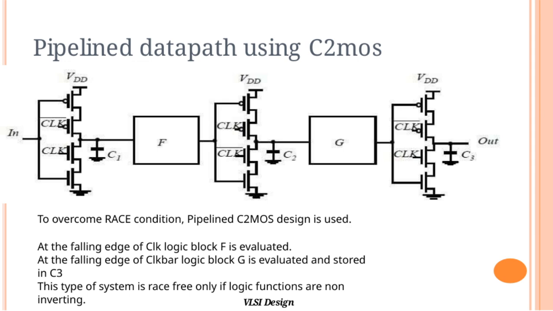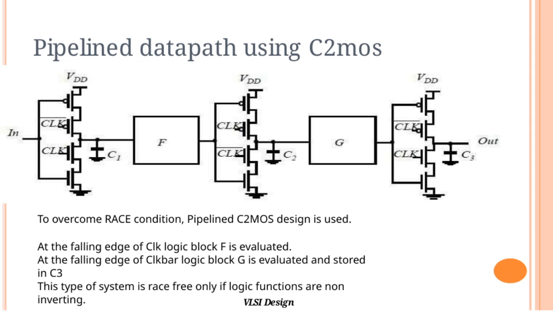An important aspect of this system is that it remains race-free only if the logic functions involved are non-inverting. This means the transitions in the logic must not flip the signal polarity, which helps maintain proper timing and synchronization in the pipeline stages. Overall, this approach helps in VLSI design by ensuring reliable and stable operation of pipeline circuits without race hazards.